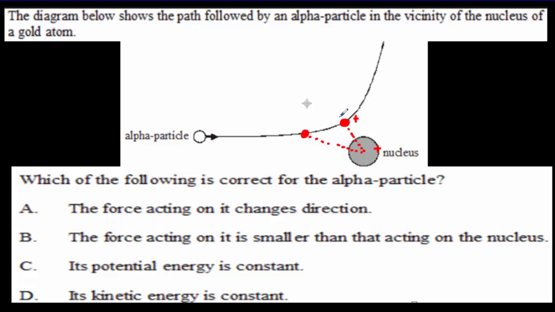So we're going to have a repulsive force, and it's going to be quite strong when the alpha particle's here because the 2 charges are close together. And it's going to be weaker here because the 2 charges are farther apart. So which of these answers is correct? The force acting on it changes direction. Well, that is correct. And if you look through the others, you'll see that they're all incorrect. So the correct answer here is A.